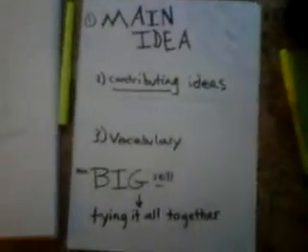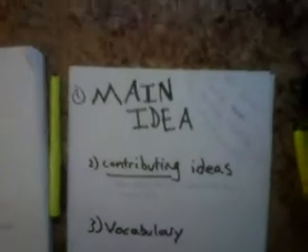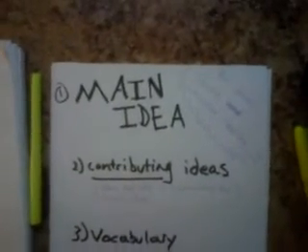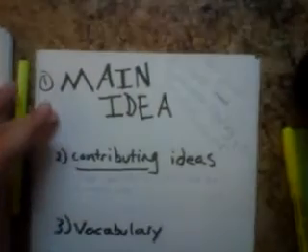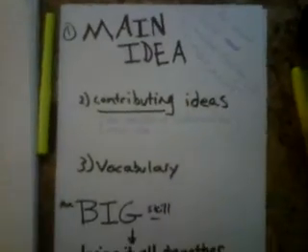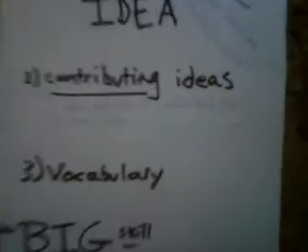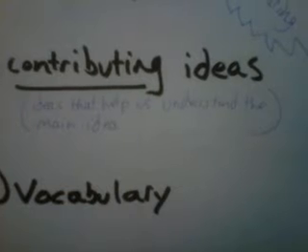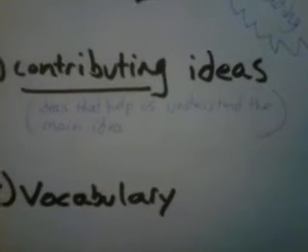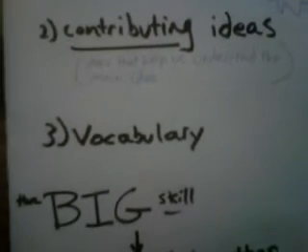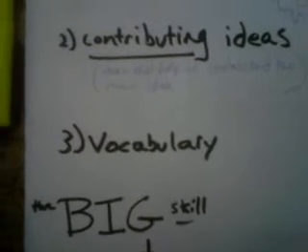When we read for understanding, we're looking for four big things. Number one, our main idea. Number two, any contributing ideas. Contributing ideas are ideas that help us understand the main idea. Number three is vocabulary.